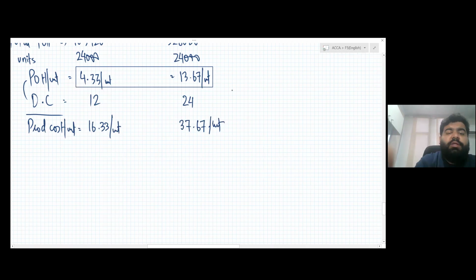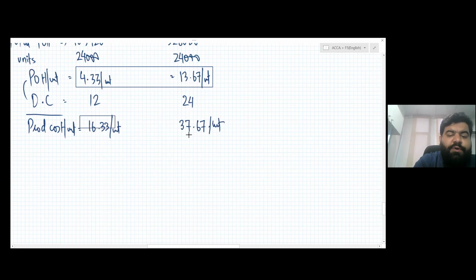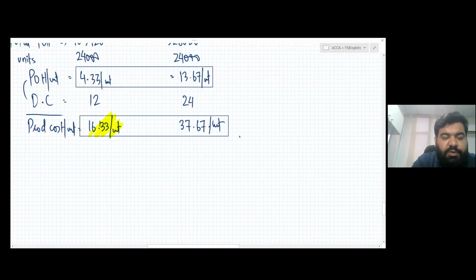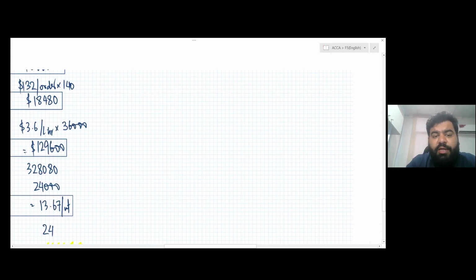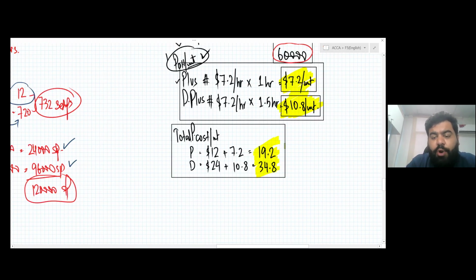If you see the production cost per unit we have calculated, I want to tell you one thing: here it is 16.33 and here 37.67. But when we were using ABC, at the start, before this, it was 19.2 and 34.8. There is a lot of difference.